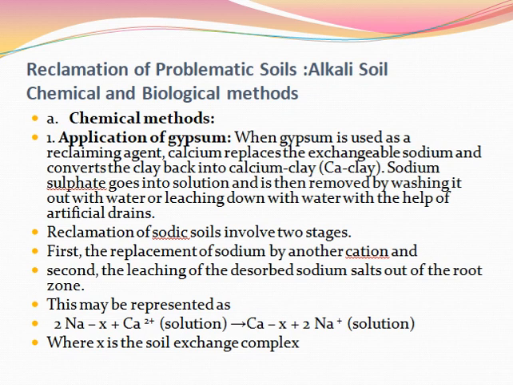Some cultural methods are followed, but no mechanical method is used for reclamation or management of alkali soil. In this, we generally use chemical methods: application of gypsum, iron pyrite, sulfur, dolomite, phosphogypsum. Certain chemicals are used to reclaim or manage sodic soil.